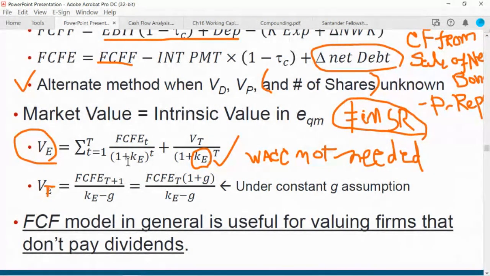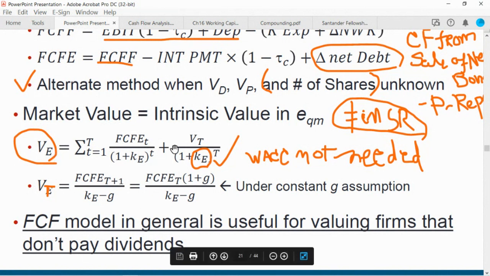We don't need weighted average cost of capital, right? Makes sense. We can even do that when the value of debt and value of preferred stock are unknown, because it's free cash flow to the equity holders. So all of this is purely the value of equity, right?